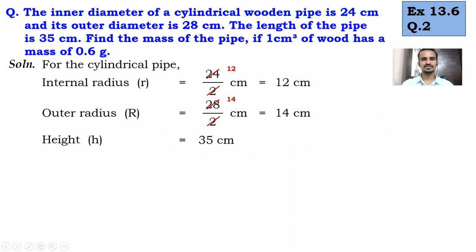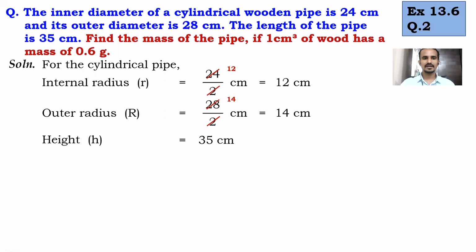So height h is 35 centimeters. All right. So these are the dimensions: inner radius, outer radius, and height. And one more important number we have here, that is, we have to find the mass of the pipe if 1 centimeter cube of wood has mass of 0.6 gram. Okay.